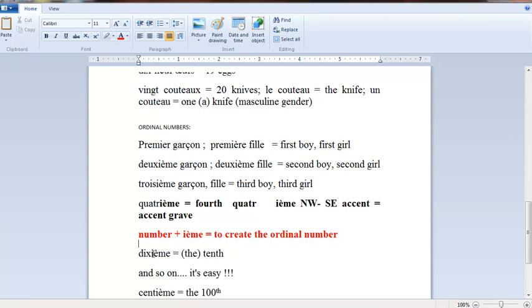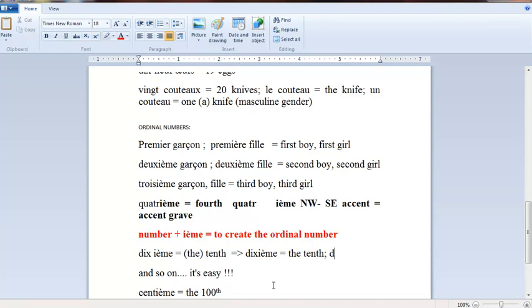So for example, you've got D-I-X, it's pronounced dis, it means 10. And if you add the ending, it means the tenth. Dixième, it means the tenth.